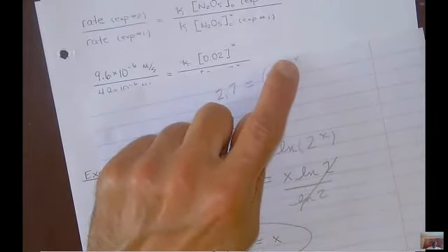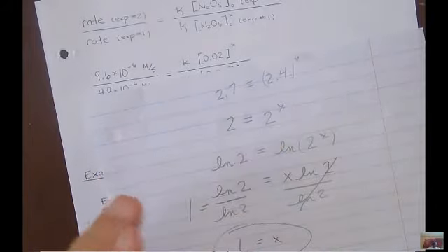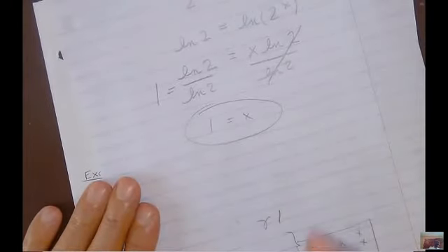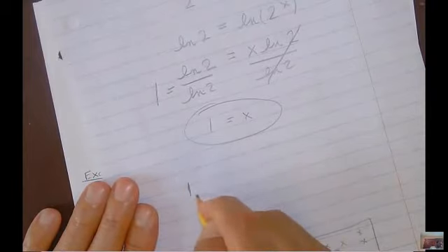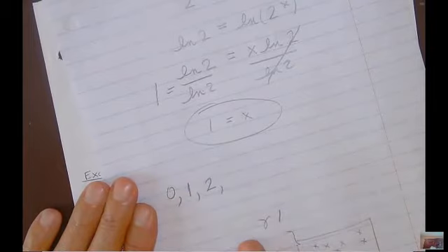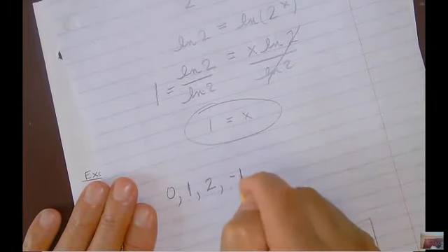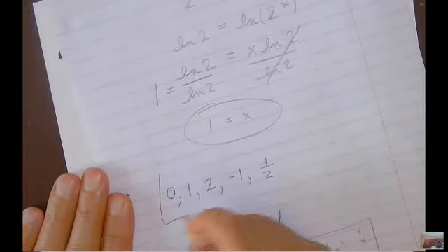You'll remember x's, y's, and z's should be whole numbers, or we had a set of possible orders of the reaction. First order is very typical, second order is very typical, zero order is very typical, negative first order, and 1/2. That's about it. It's got to be one of those.